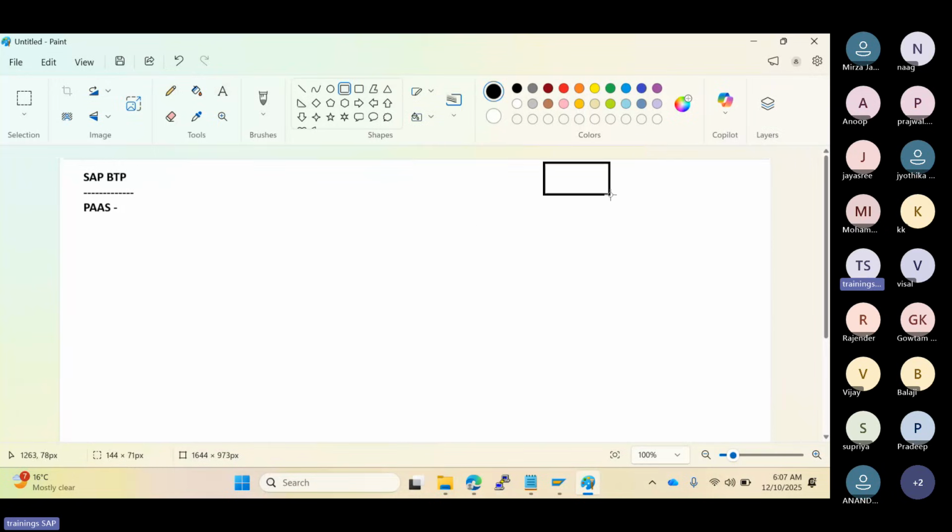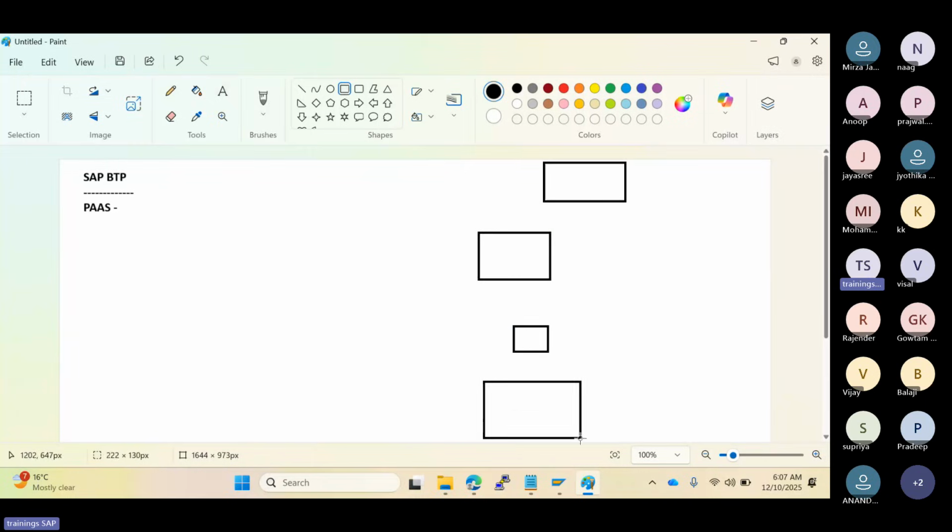you see, we have the global account. This is the top level entity. Under the global account, we need to create sub accounts. Then we have a cloud connector, and we have an on-premises or private network. We have the SAP systems here.